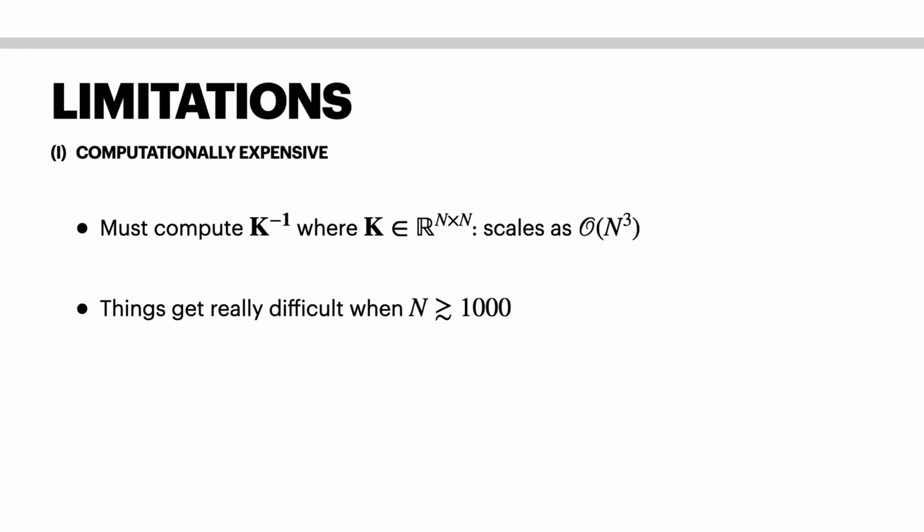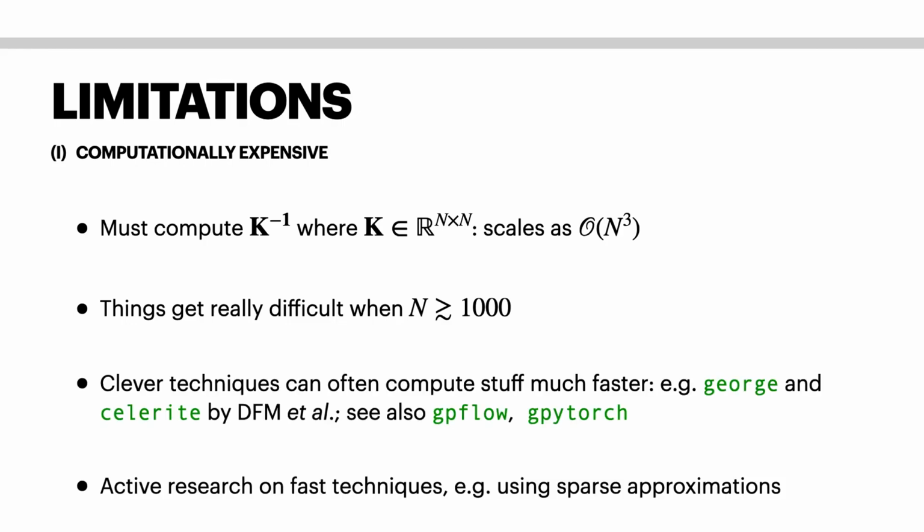For RVs, this isn't really a problem, when even a few hundred observations would be plenty, but for space-based photometry, this is a real issue. Fortunately, there are clever techniques that can make GPs work even on much larger datasets, at least in some special cases. I'd refer you, for example, to the Python packages George and Celerite by Dan Foreman-Mackey et al., and also GPflow and GPyTorch, not by the same people, I don't think.